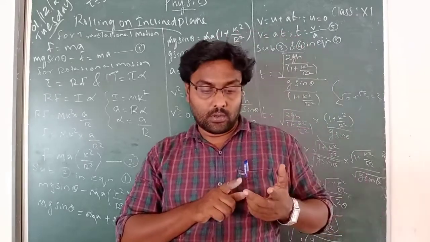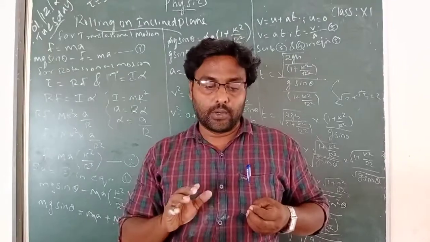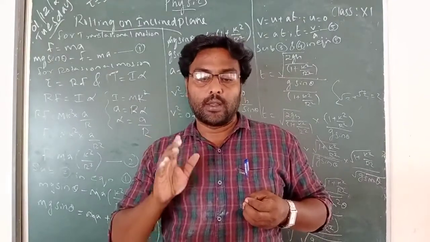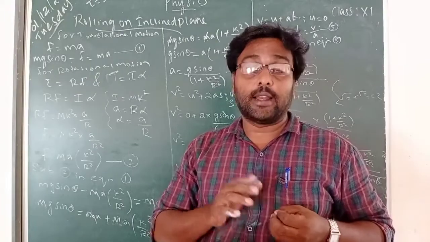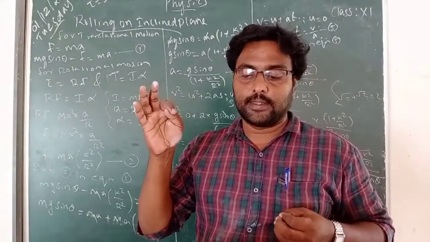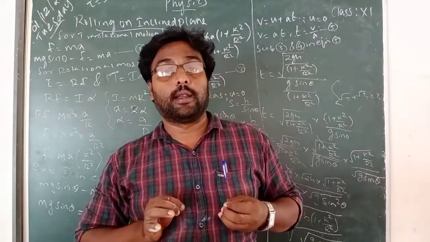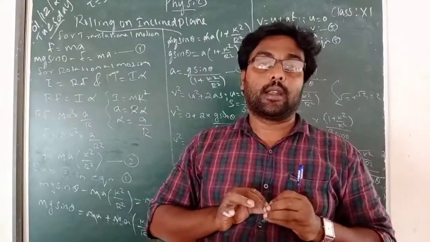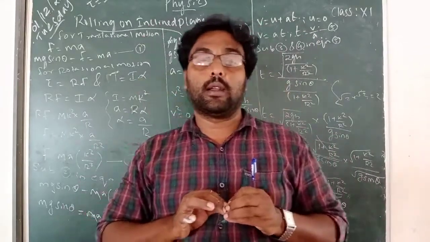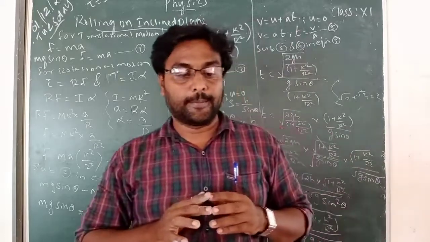Question number 4, question number 5, question number 6: moment of inertia of a uniform rod, uniform ring, uniform disc. Then parallel axis theorem, perpendicular axis theorem, this derivation. Rolling on an inclined plane. If you are studying these 8 questions, surely you will get one 5 mark and one 5 mark question. Surely you will get them from this unit.